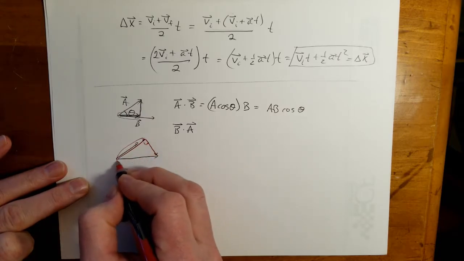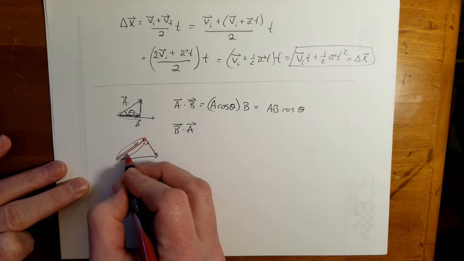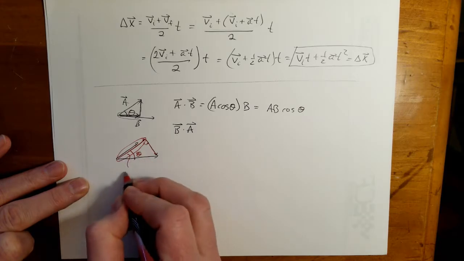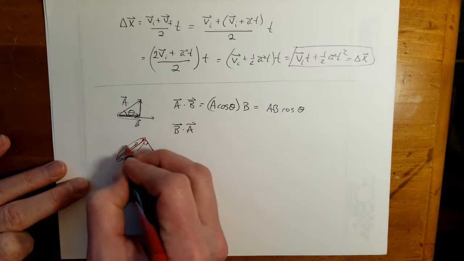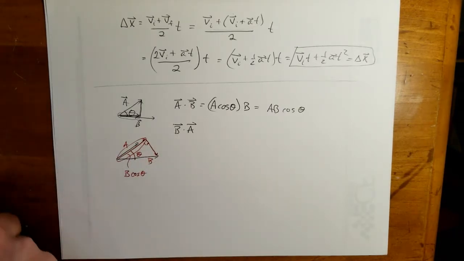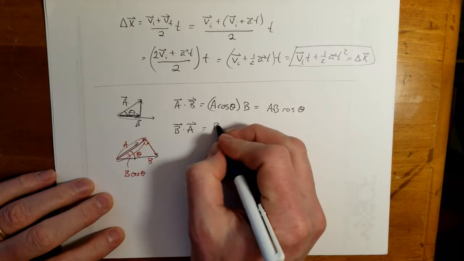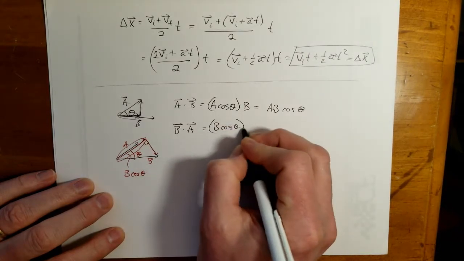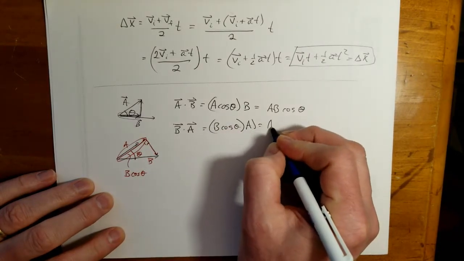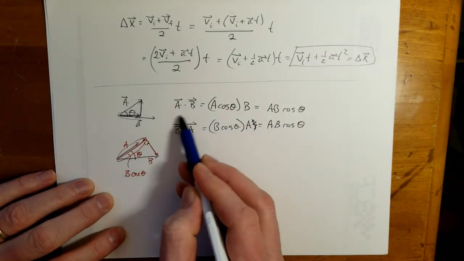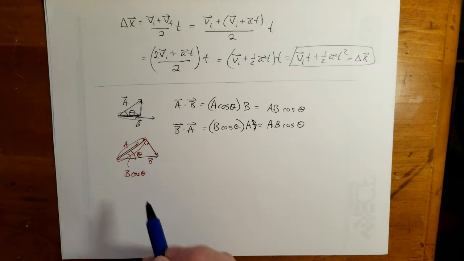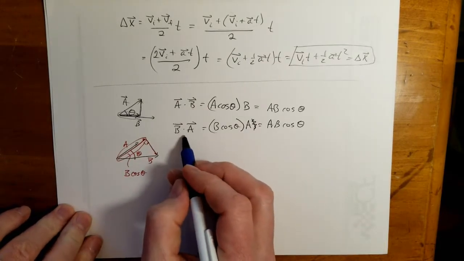This is the part of B that's in the direction of A. If that angle there is theta, this is B times the cosine of theta. So that's B, and this is A right there. So what we end up with is B cosine theta times A, which is just AB cosine theta. So the commutative property of multiplication holds for dot products. It will not hold for cross products, but it does hold for dot products.